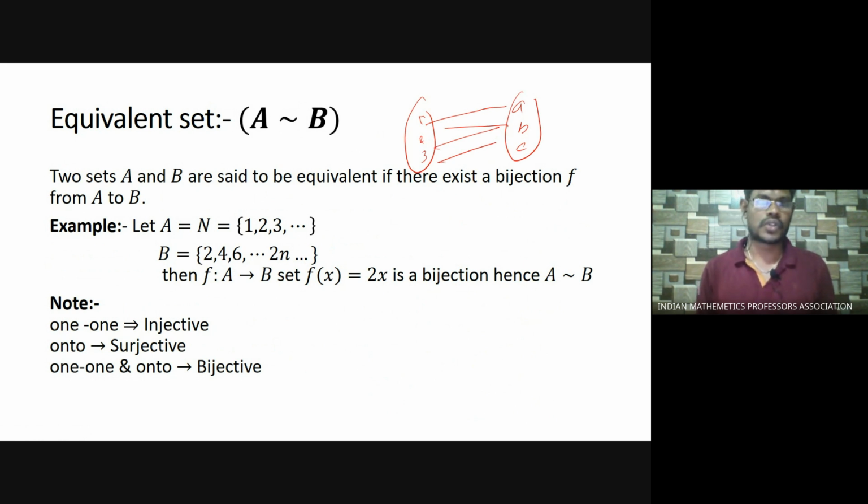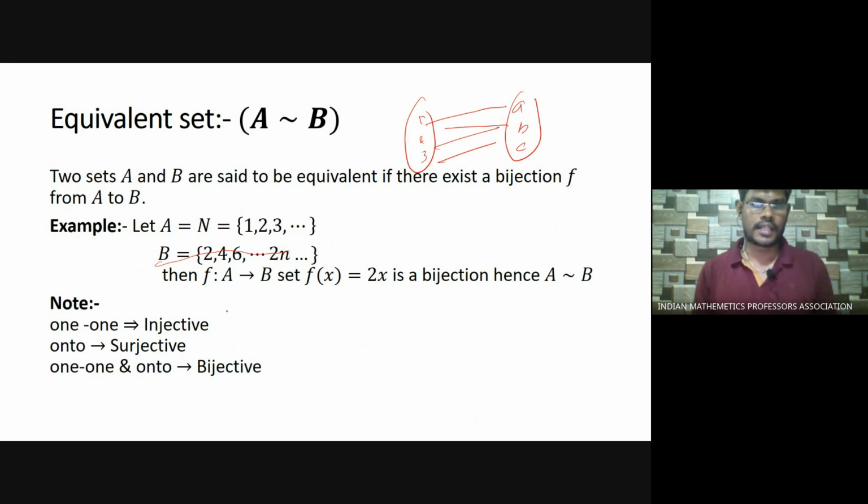Here we have one example. Let A be the set of natural numbers 1 up to infinity and B be the set of even numbers 2, 4, 6 up to 2n and up to infinity.